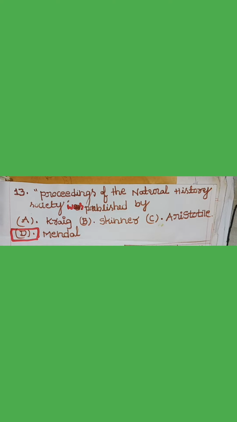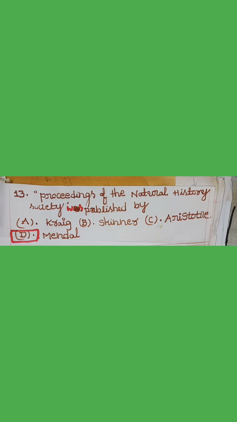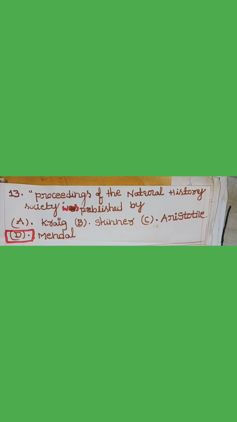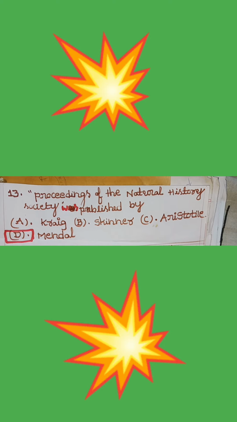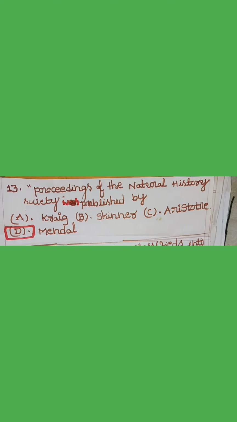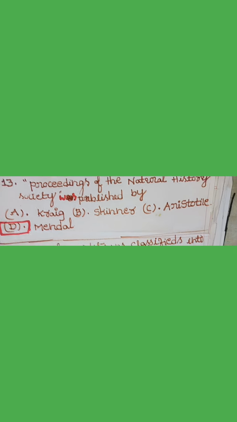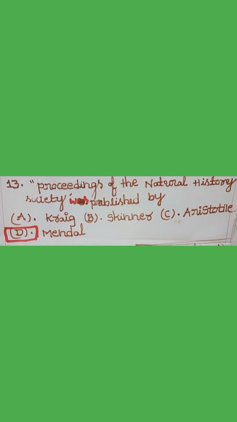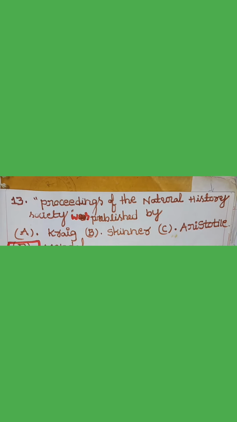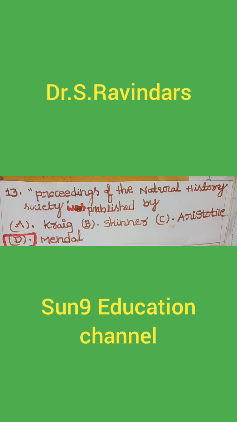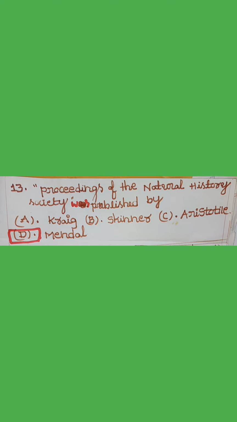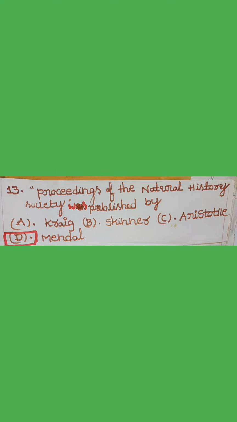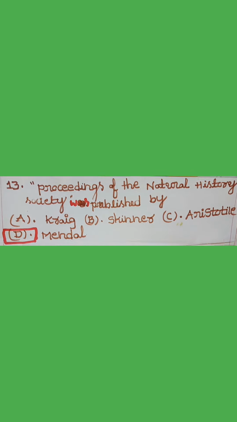Gregor John Mendel conducted an experiment on pea plants, and he proposed three laws: the law of similarity, law of variance, and law of regression. This information was published in the Proceedings of the Natural History Society. So the answer is D.